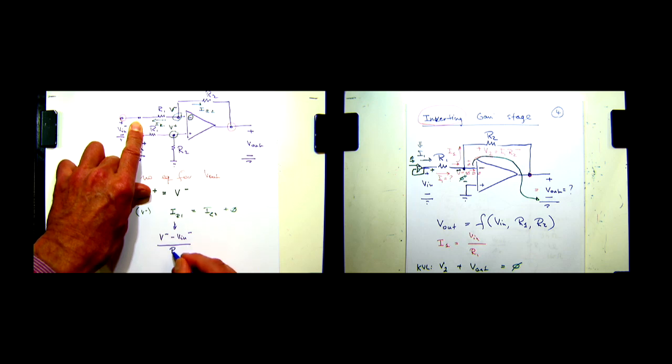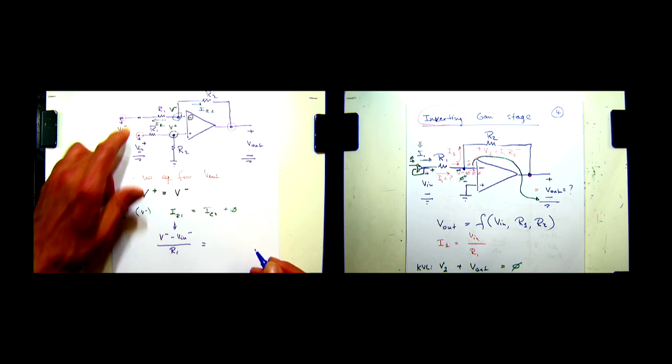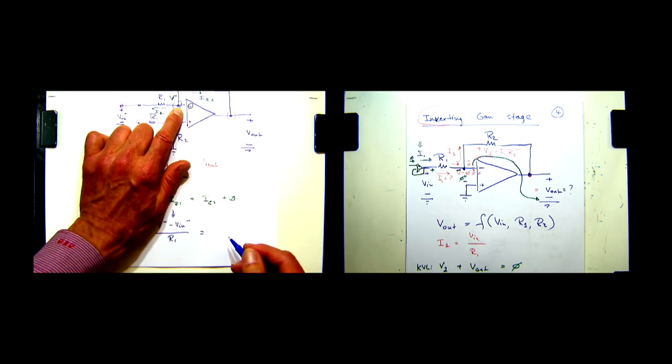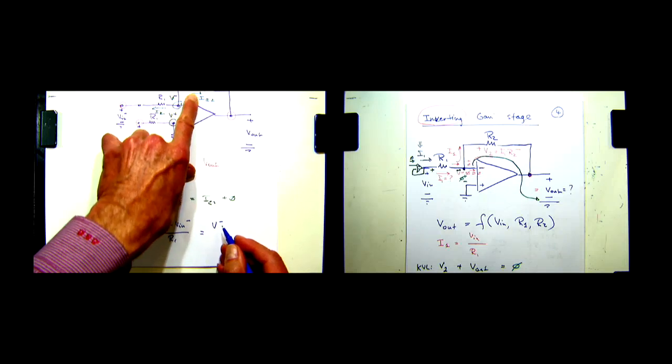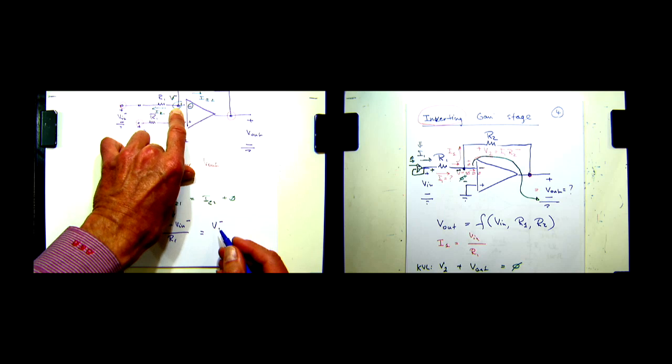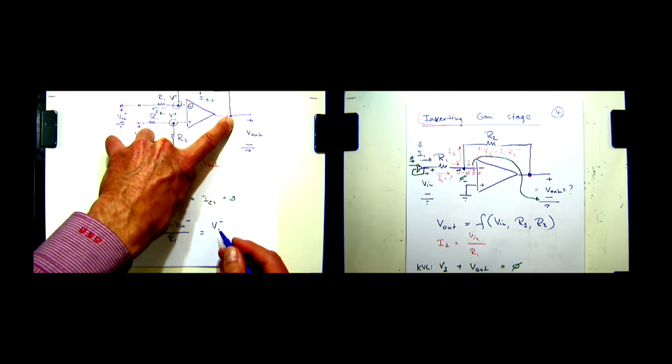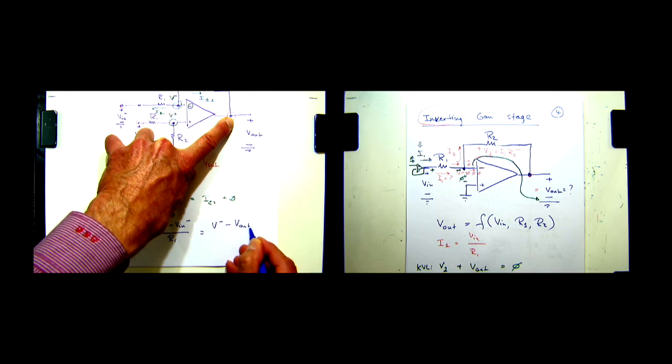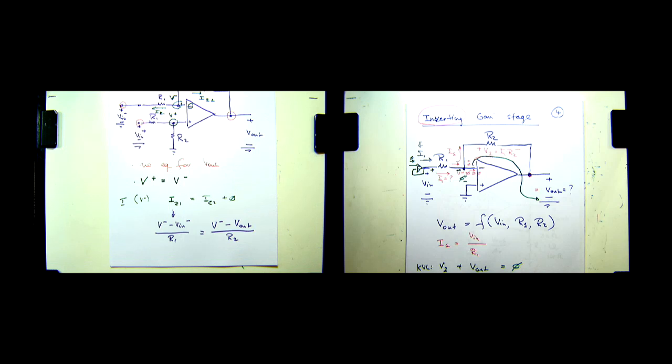And that is equal to IR2. Well, that is going to be equal to V minus, the voltage on the left side this time of the current arrow, minus the voltage on the other side of the current arrow, minus V out, divided by R2, Ohm's law, right?